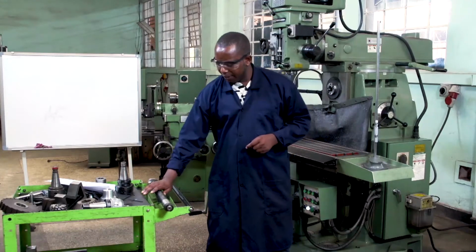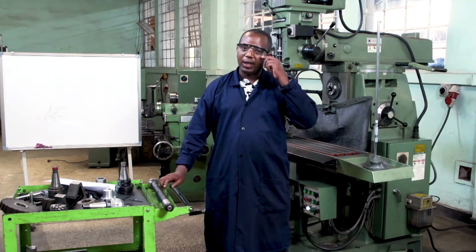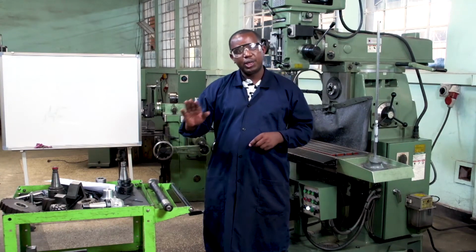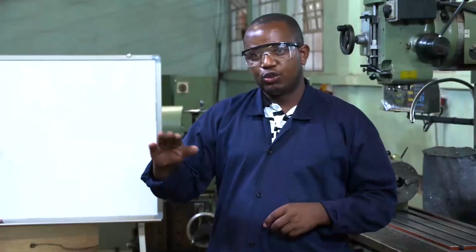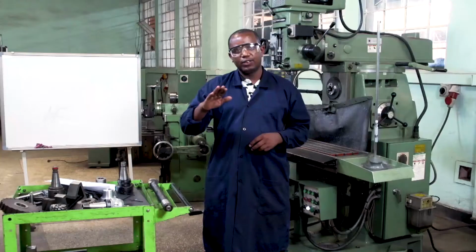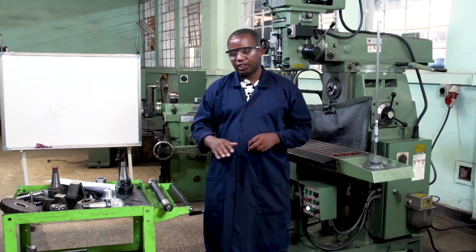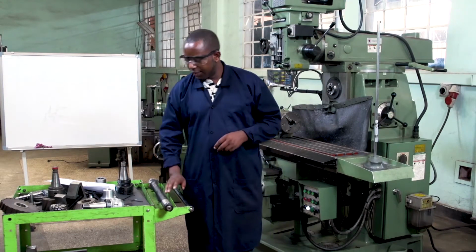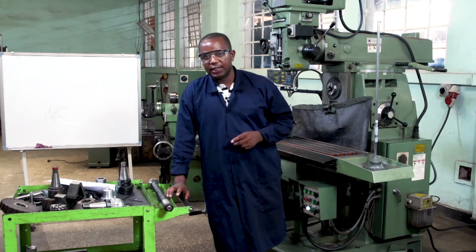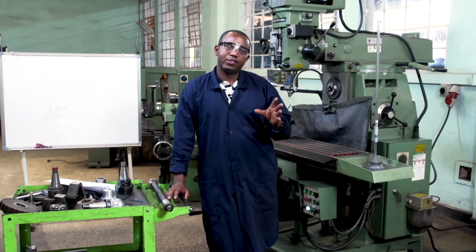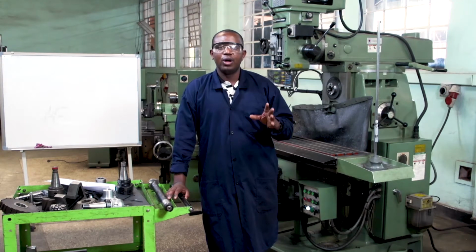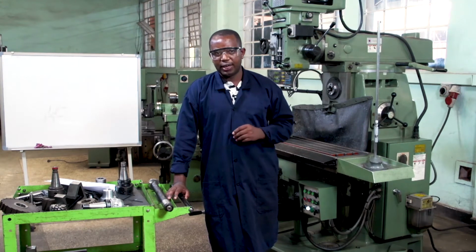The plain milling operation is where the surface is produced by using plain milling cutters, so the surface produced is parallel to the axis of the spindle. The face milling operation is where you can produce a flat surface at right angle to the milling machine spindle axis.